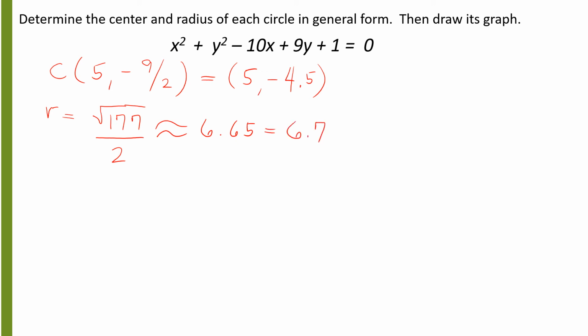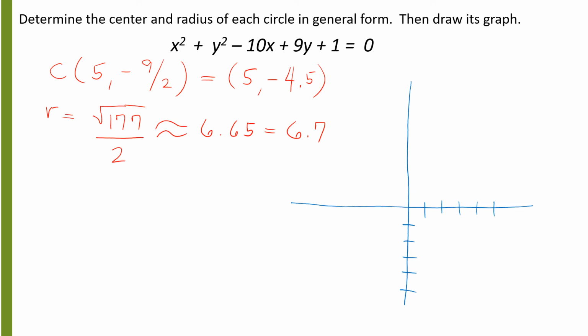Now, i-plot natin. Gawa ulit ng Cartesian plane. So, draw a Cartesian plane. Ito. And then, 5. Gawa tayo ng 1, 2, 3, 4, 5. Then negative 4.5, 1, 2, 3, 4, 5.